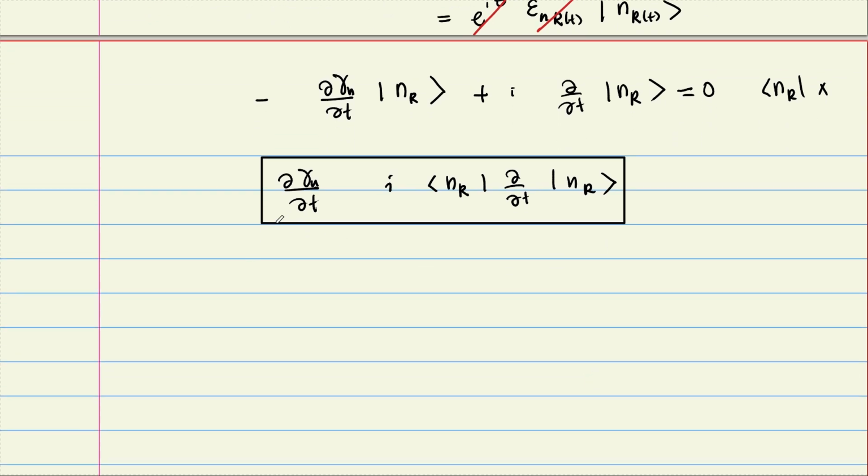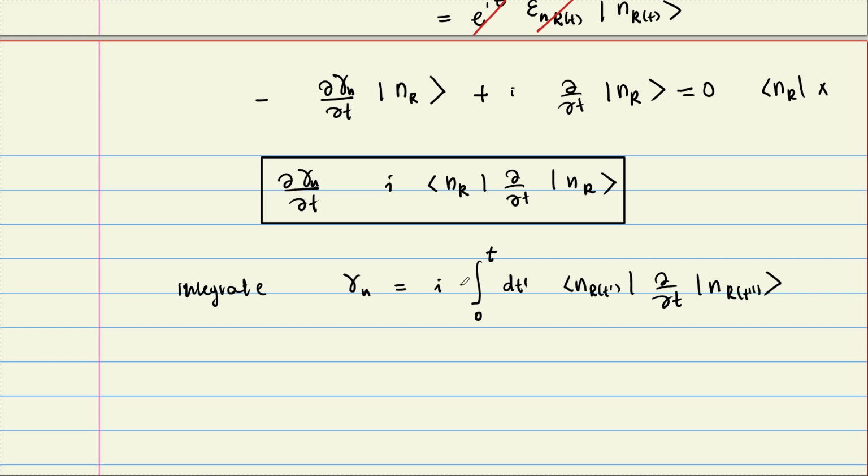Integrating, gamma n is going to be equal to i, now let me put t prime, integral dt prime of n of R at t prime del t n of R at t prime, and the integral I'll take from 0 to some t.